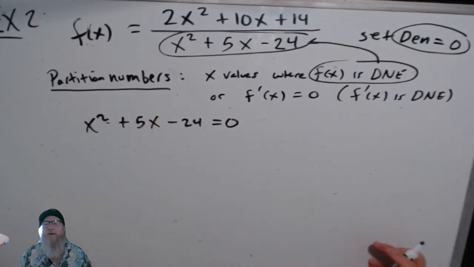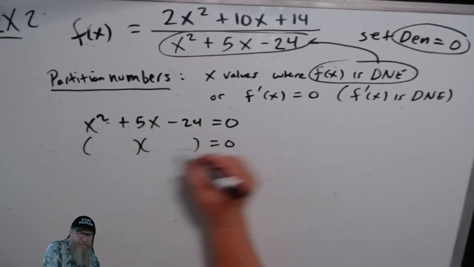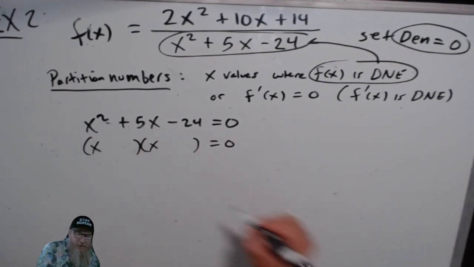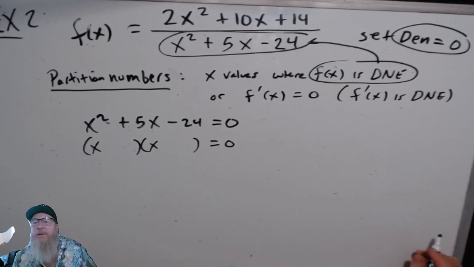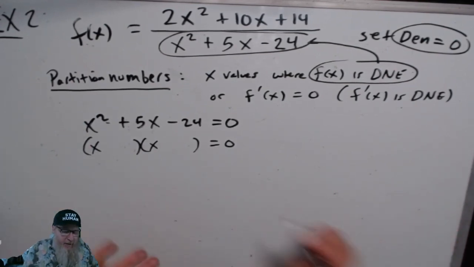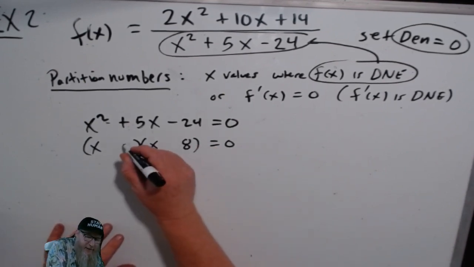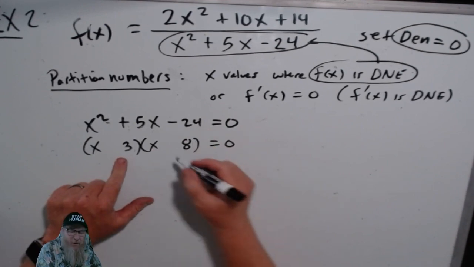X squared plus 5x minus 24. I usually make these factorable, or I try to make them factorable. I'm not always successful. Sometimes you have to use the quadratic formula, but in this one it is. We have 8 and 3, 24.